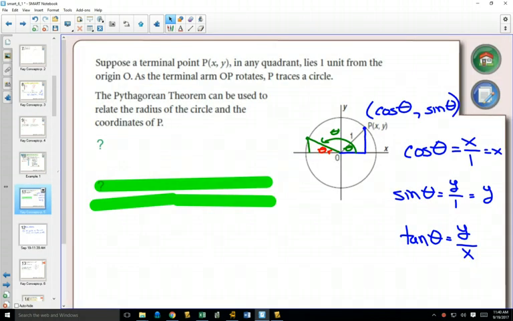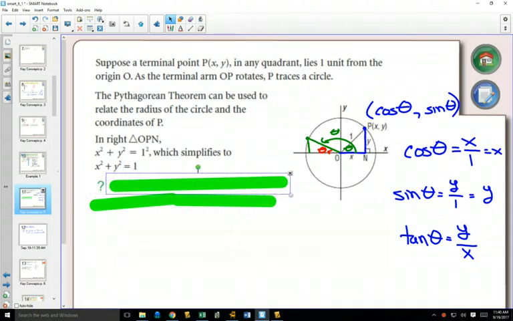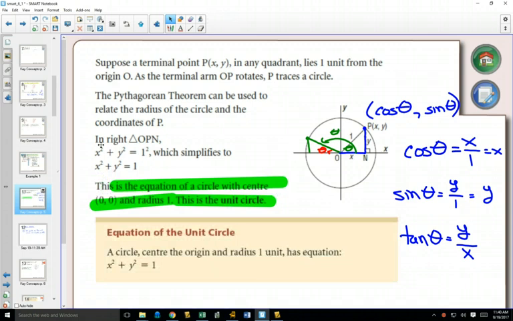Now going back. The equation of a circle, and it used to be that equations of circles were taught more formally, but they're not in high school anymore. But I'll tell you that the equation of a circle, in this case the unit circle, is x squared plus y squared equals 1.